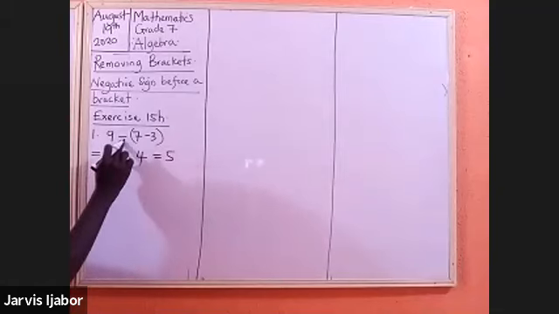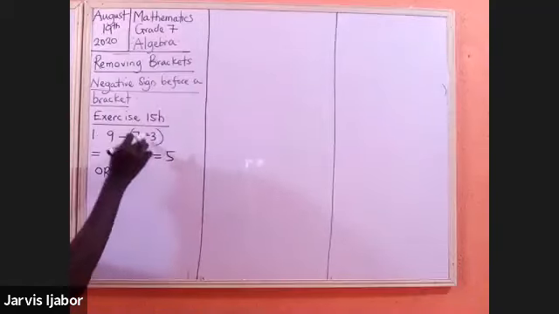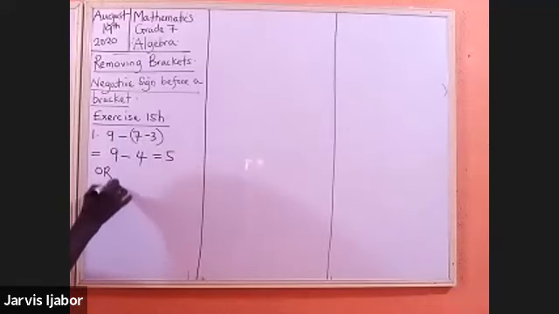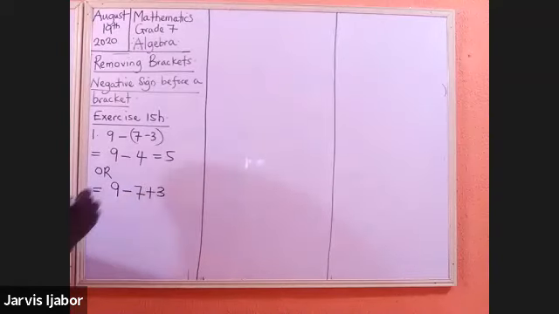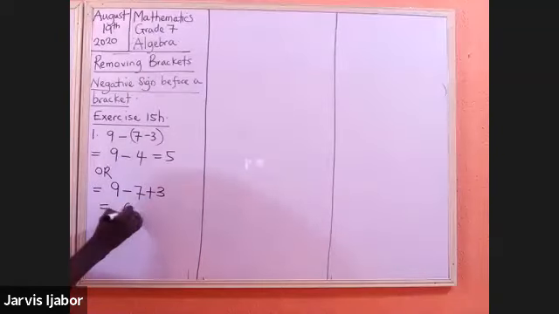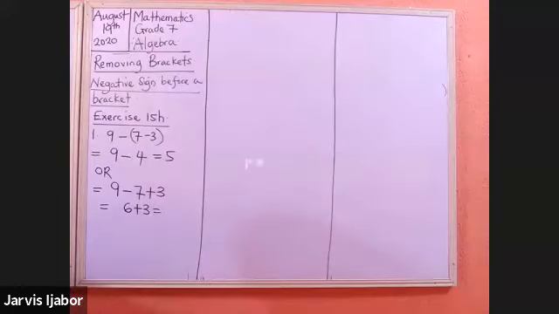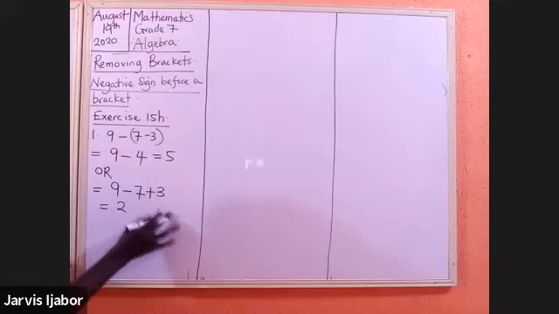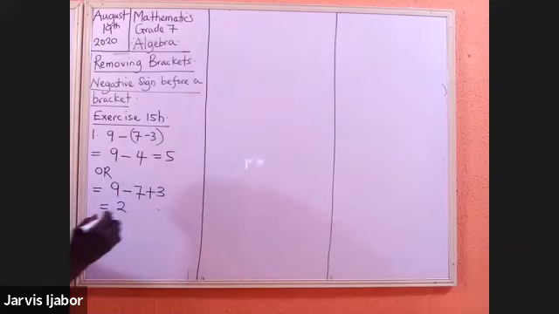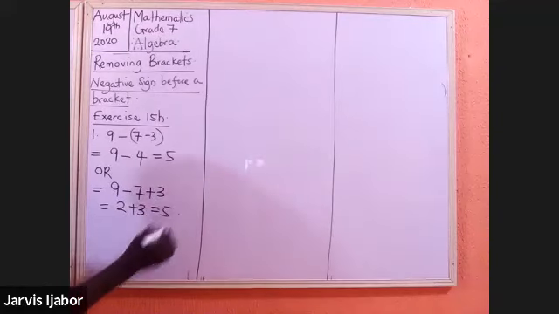Now, what negative essentially does to the bracket is that it changes the content. So this will be 9. It will change this positive to negative, and it will change this negative to positive. Do you see that? So this will now be equal to what? Sorry, that will be 2, because 9 minus 7 is 2, plus 3, and that will give me what? 5.